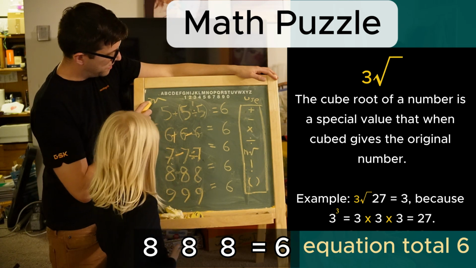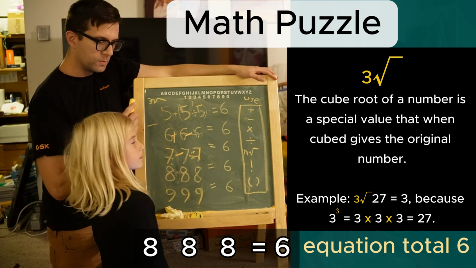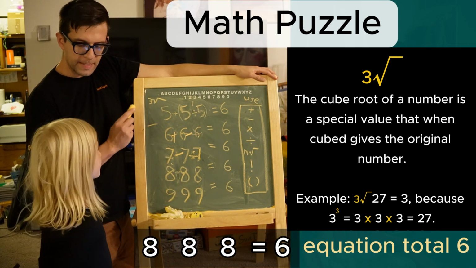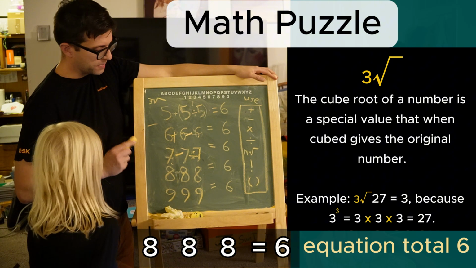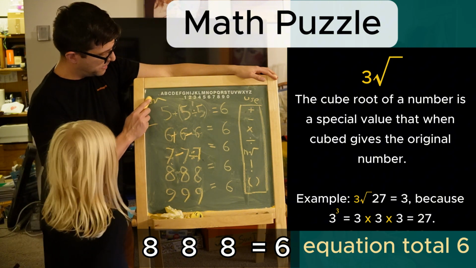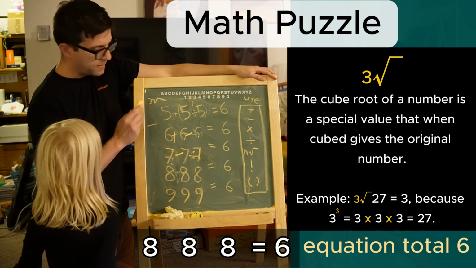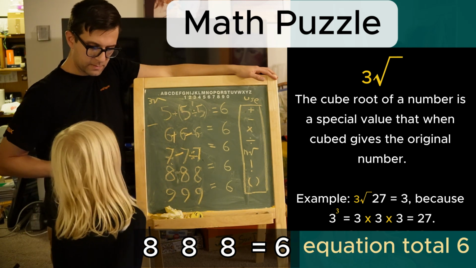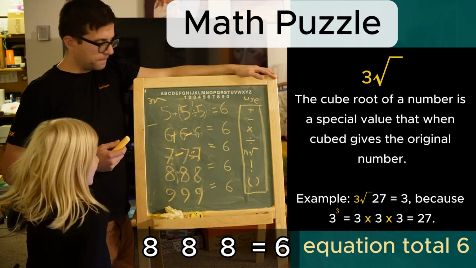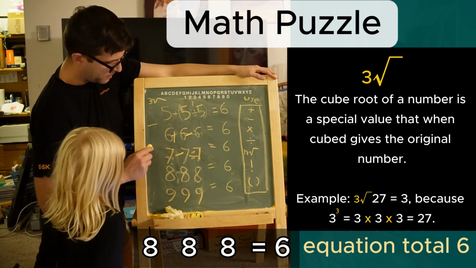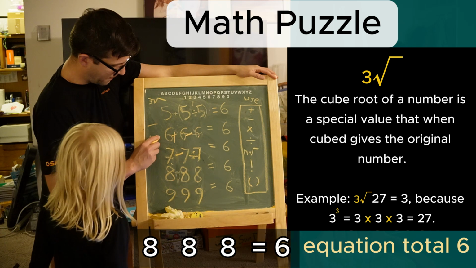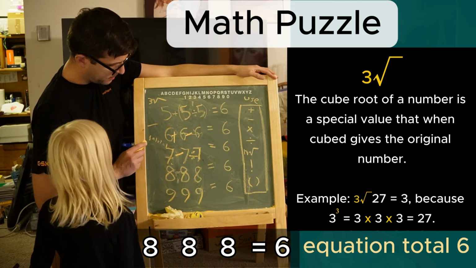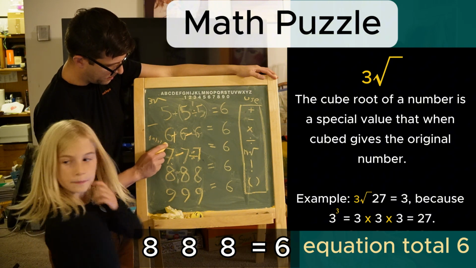So what that means is that if you take the same number and multiply it by itself 3 times, it will equal that number. So can you think of any numbers that if you multiply it by itself 3 times in a row, it would equal 8? So here, 1 times 1 times 1 equals 1, so the cubed root would be 1.